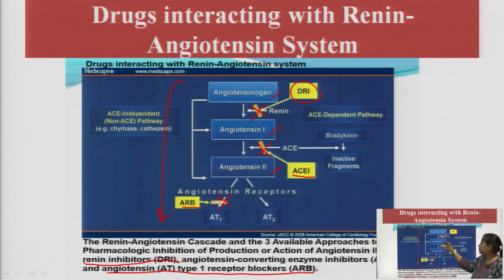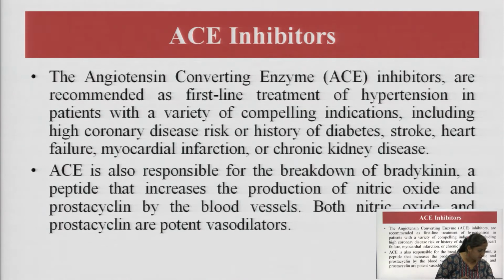Then angiotensin 1 will convert into angiotensin 2, we can again stop here by using ACEIs, and ultimately at the third phase when angiotensin 2 attaches to AT1, here we can use the ARBs for the final stop, blocking the attachment of angiotensin 2 to AT1. Like this we can use our antihypertensive agents.